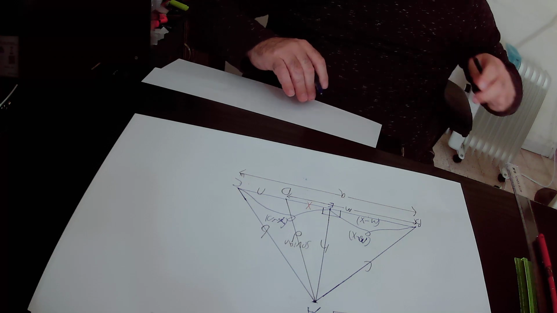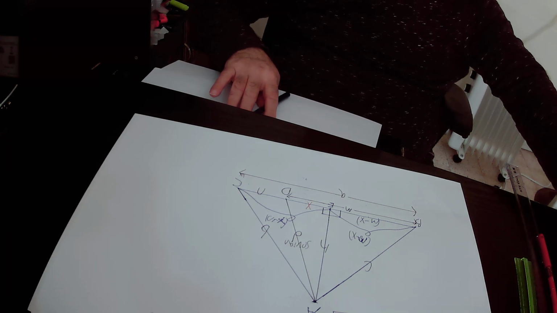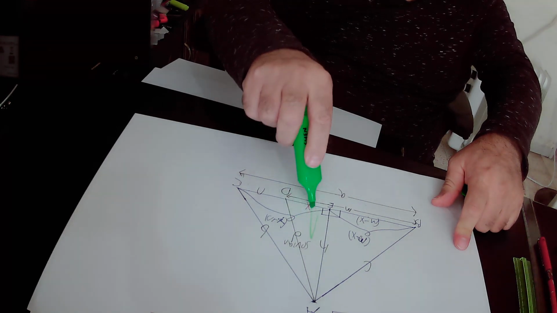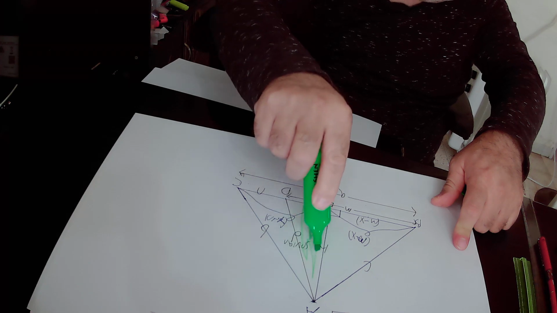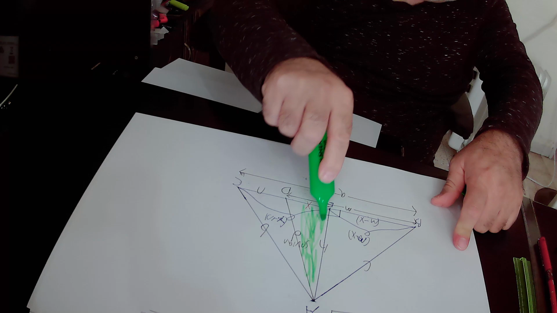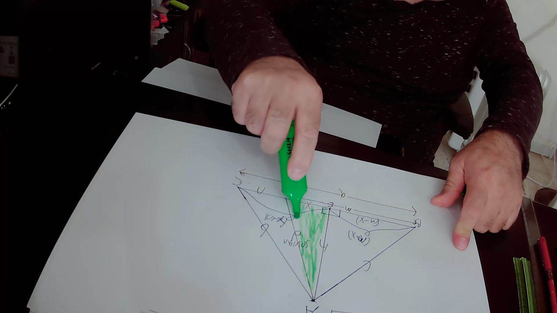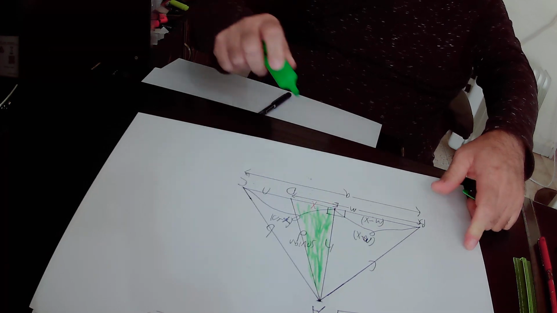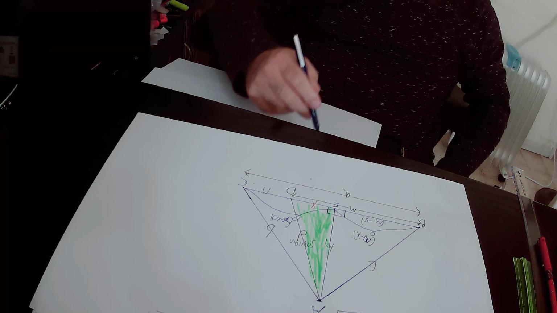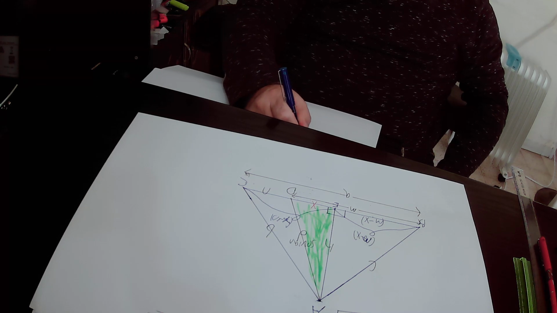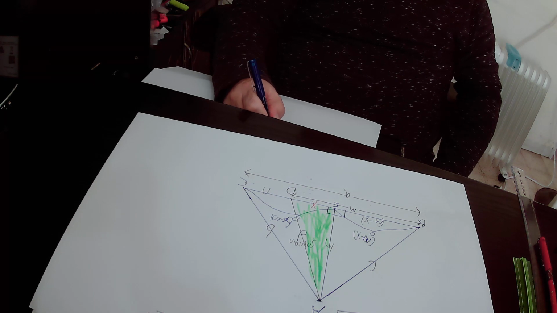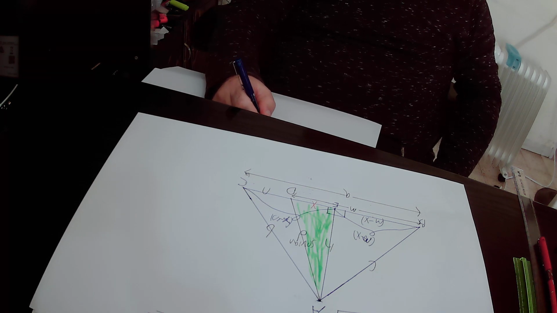In the next step, we'll implement the Pythagoras theorem in the green right triangle, triangle AED. Here PT is the abbreviation for Pythagoras theorem.